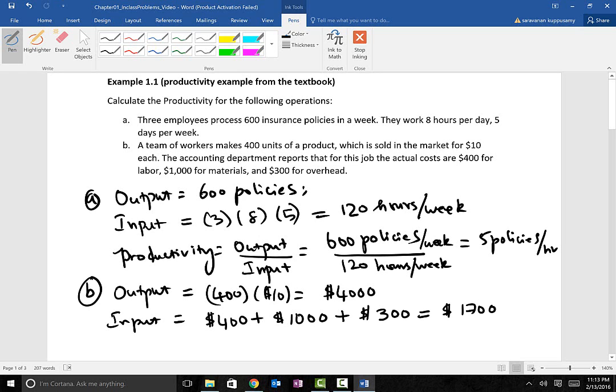So this particular measure is called multi-factor productivity because you have multiple factors such as labor, materials, and overhead included in the input.